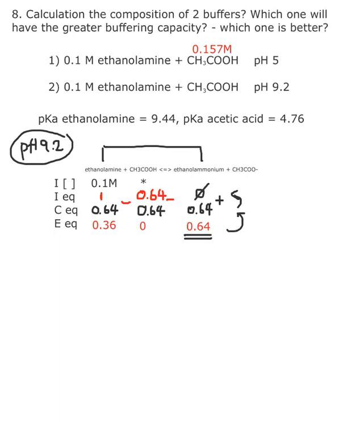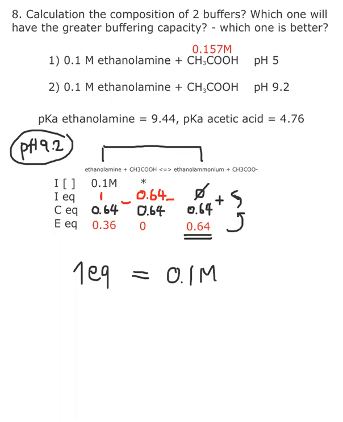So now you can say that since we have 1 equivalence of ethanolamine at the initial concentration, 1 equivalence would be equal to 0.1 molar. That is what you are given, right?